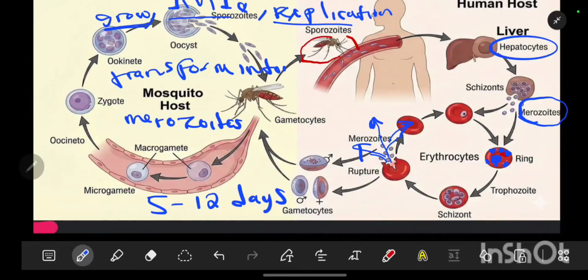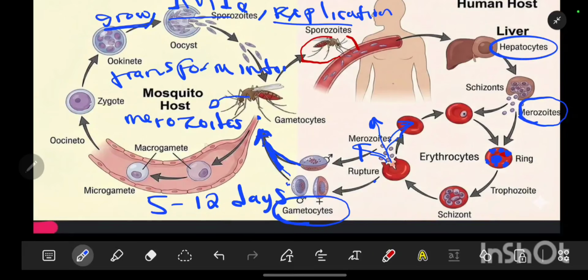So now other merozoites will be able to differentiate into what we are going to call gametocytes. The gametocytes still remain in the red blood cell. Now what happens is that when the mosquito again feeds on the human who is infected, they will ingest the red blood cell in their body.